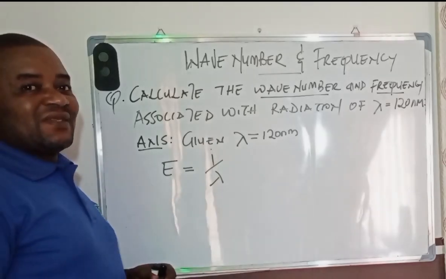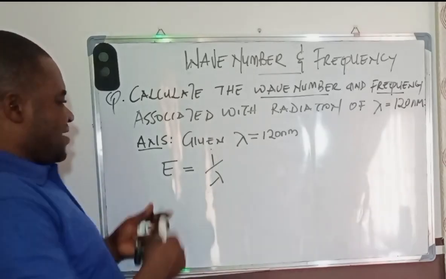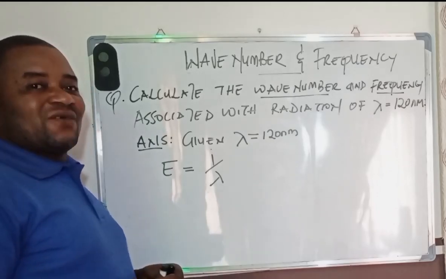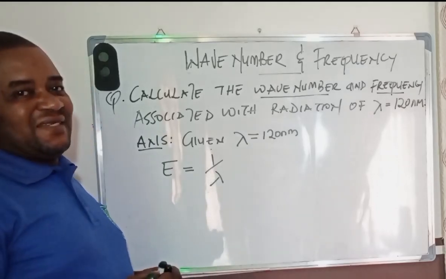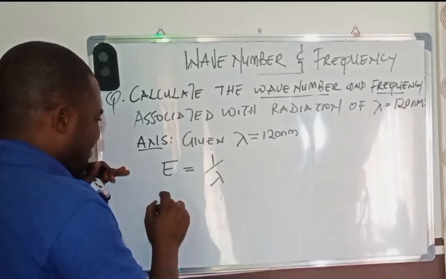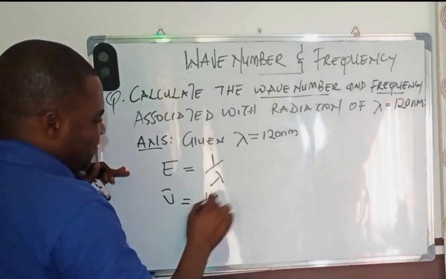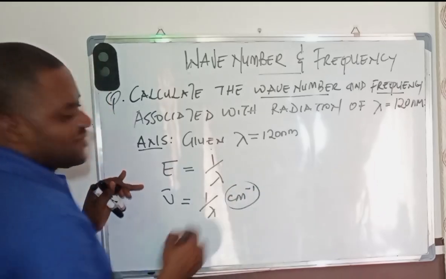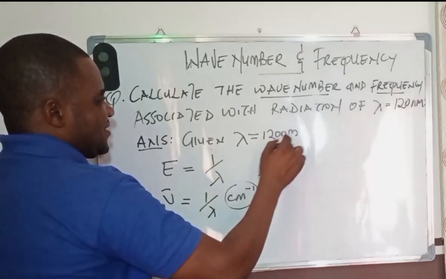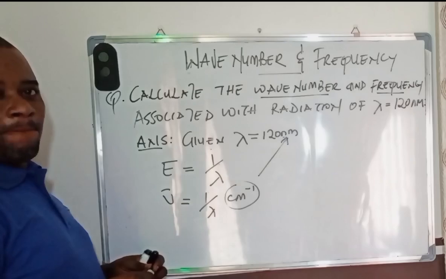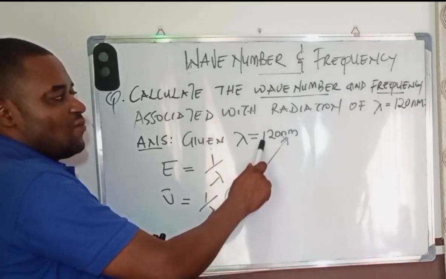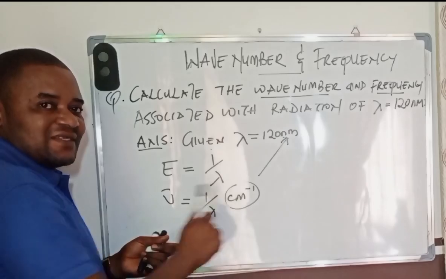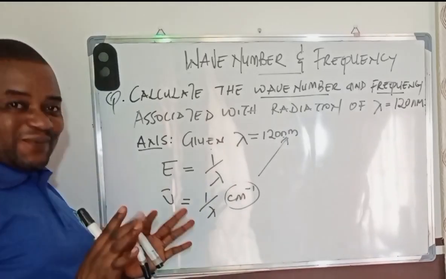But do you know that this particular equation ends in per centimeter? Because the wave number is in per centimeter. So wave number is 1 over lambda in centimeter. And if it is in centimeter, it means it is not going to be the same. How do we then convert from nanometer to centimeter? That becomes our problem.